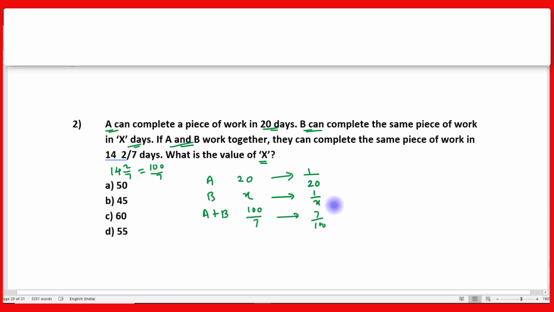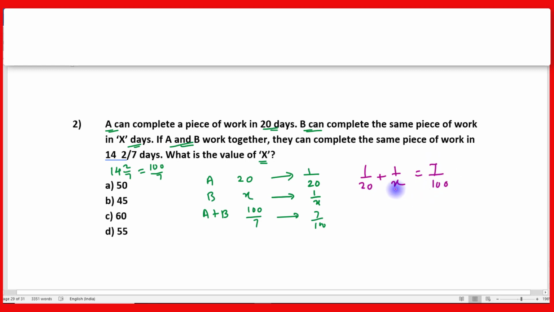So from this we can write that 1 by 20 plus 1 by x is equal to 7 by 100. A's 1 day's work plus B's 1 day's work is equal to their together work, that is 7 by 100.